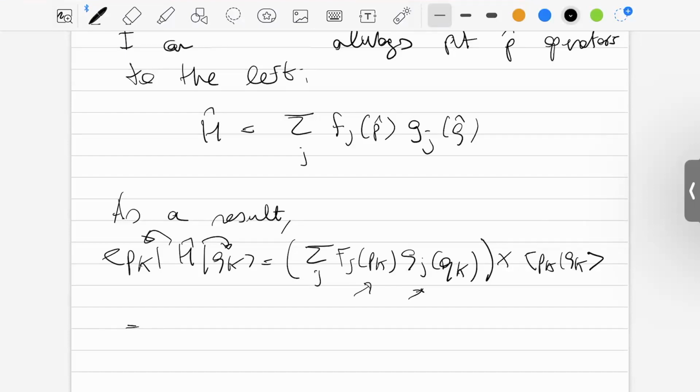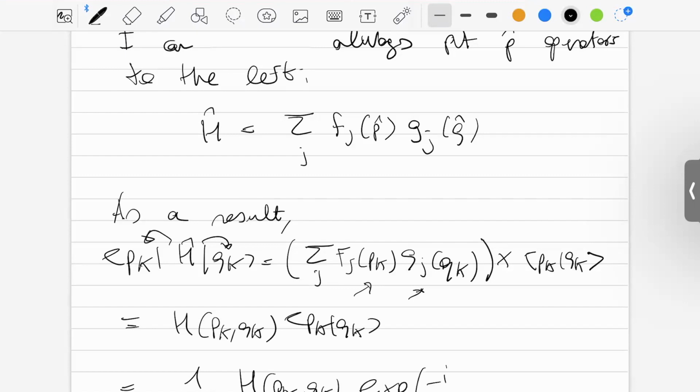So you find something like H, some function of P and Q, times Pk Qk. This then is also equal to, because of the result of before, just H Pk Qk times the exponential of minus I Pk Qk divided by h bar.